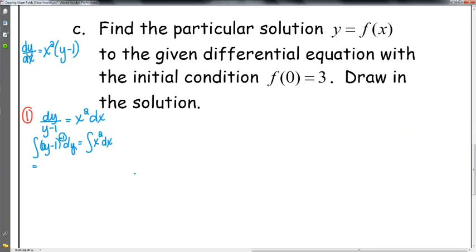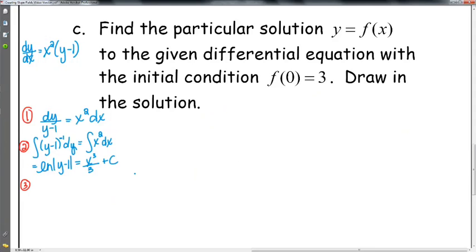So we're just going to use the ln of the absolute value of y minus 1 is equal to the antiderivative of x squared, which is x to the third over 3, plus c. Our second step, if you remember, is to integrate. Our third step is to solve for c.